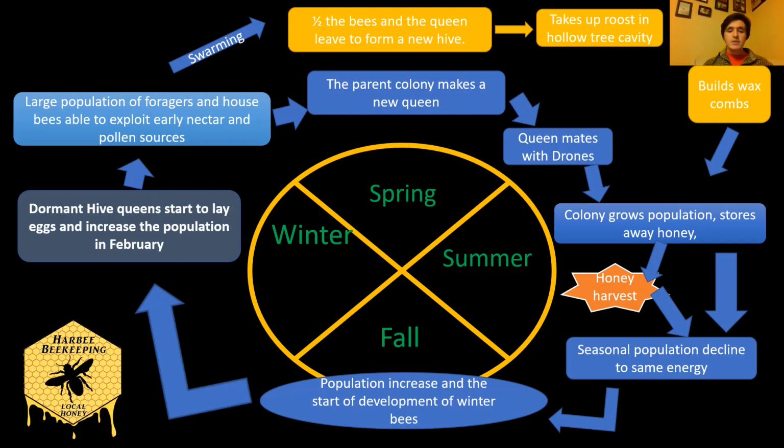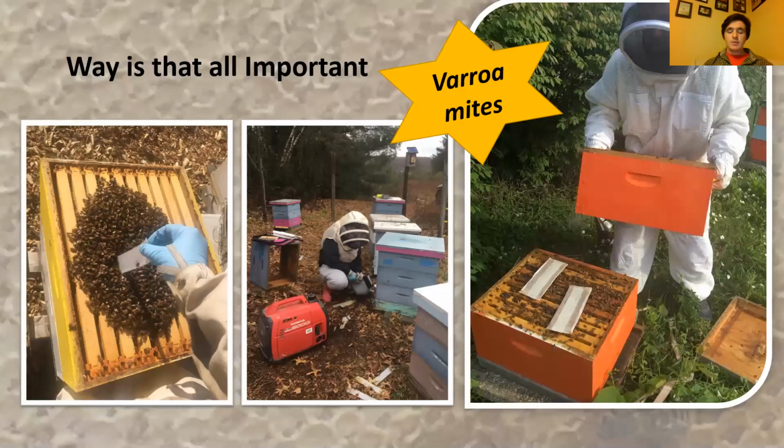So why do we talk about all of that? Why is it important to know that there is a seasonal decline in population in August? Why is it important to know that they're slowly building up now until March?